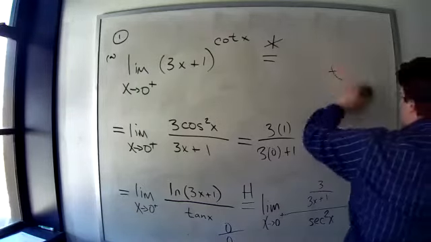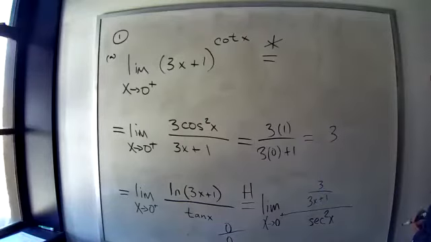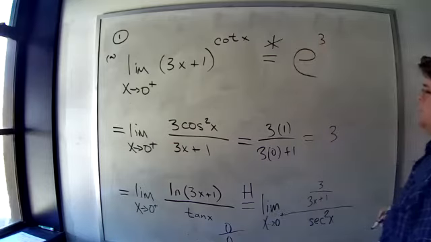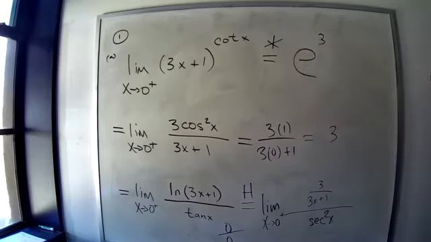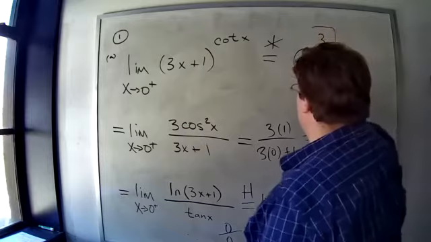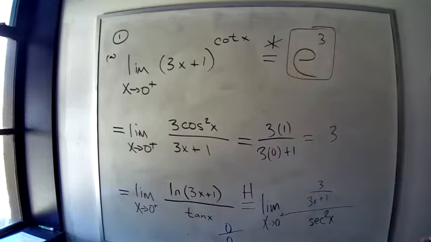Well, we get that the limit that we computed is 3. Any questions about the side work? All that side work tells us that the limit we want is e to this number, which is e cubed. Any questions about part A?